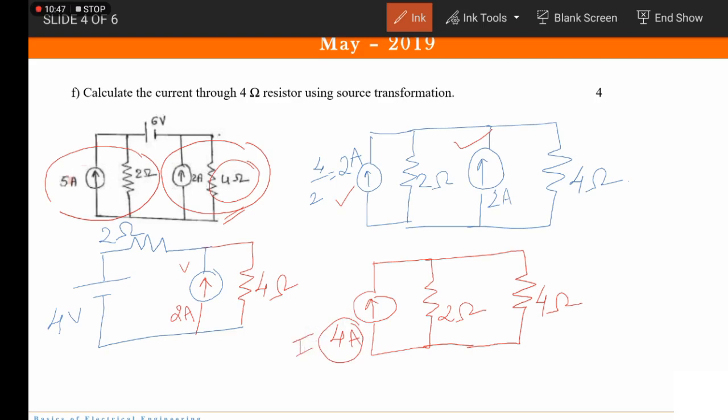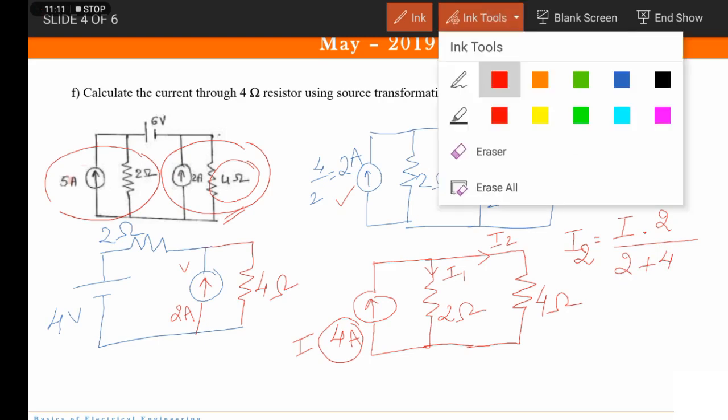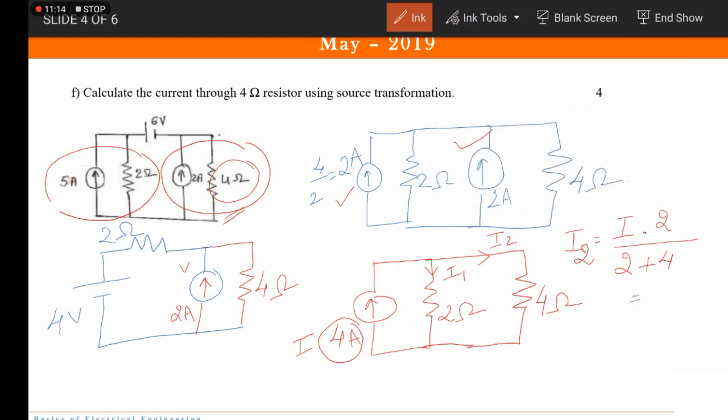Correct? Now we can simply assume that this current be I1, let this current be I2, and the first current be I1. So now you can apply the current division rule. By the current division rule, I can say that I2 is equal to the total current multiplied by the opposite branch upon the total branch resistance. So what is the total current? 4 into 2 upon 6.